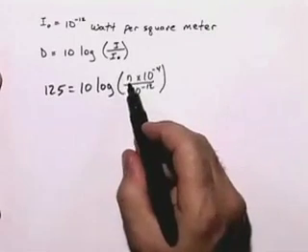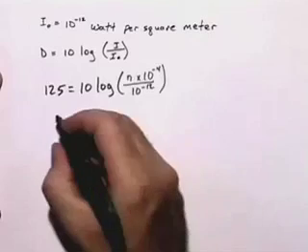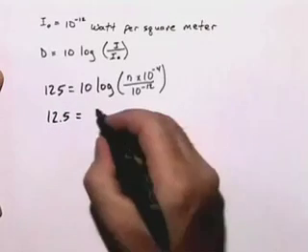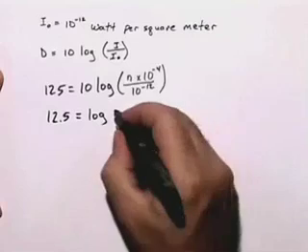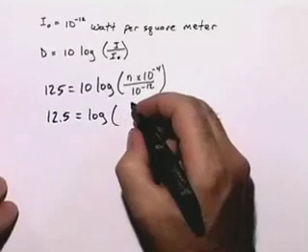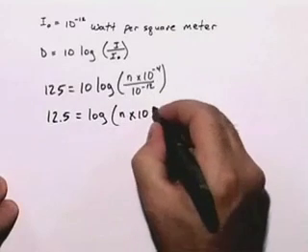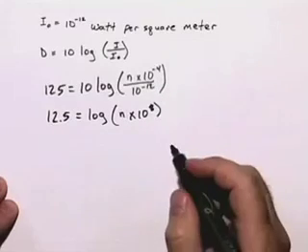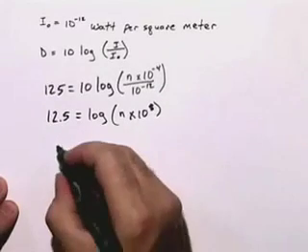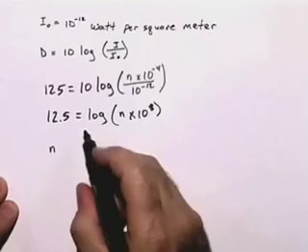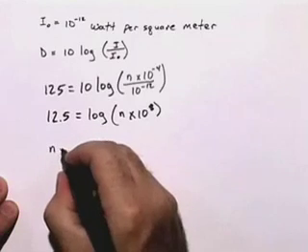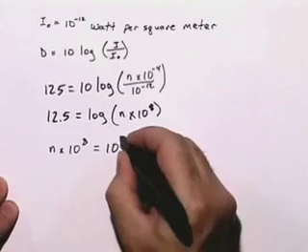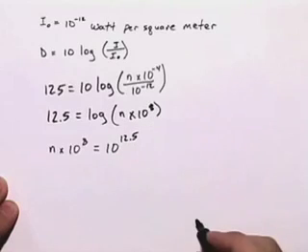We need to solve this for N. We'll start by dividing both sides by 10. This will give us 12.5 is equal to log base 10 of N times 10 to the 8th power, using rules for exponents. If we convert from our log form to an exponential form, we'll get N times 10 to the 8th power is equal to 10 to the 12.5 power.